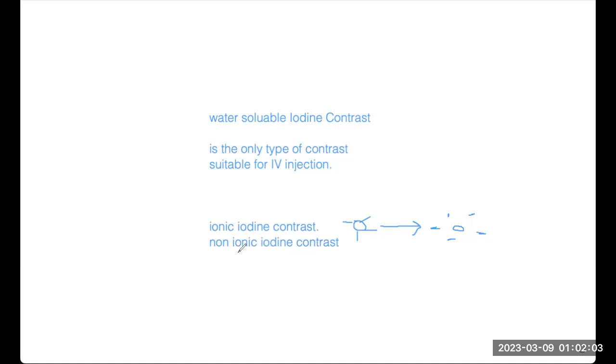If you get something that's non-ionic iodine, then when this molecule goes into blood, it does not dissociate. So it stays intact and does not form various charged particles in blood.